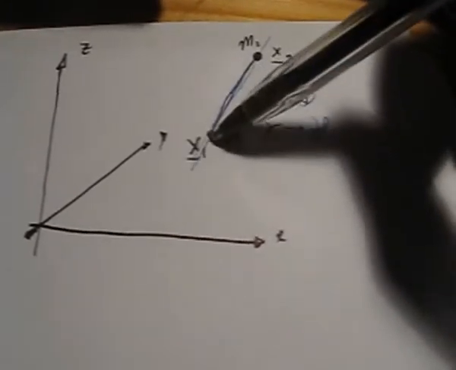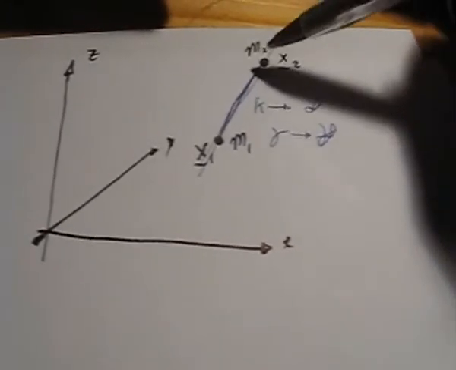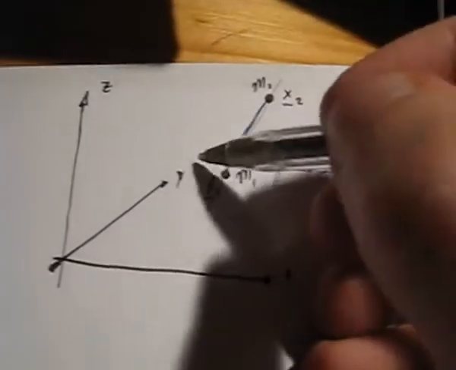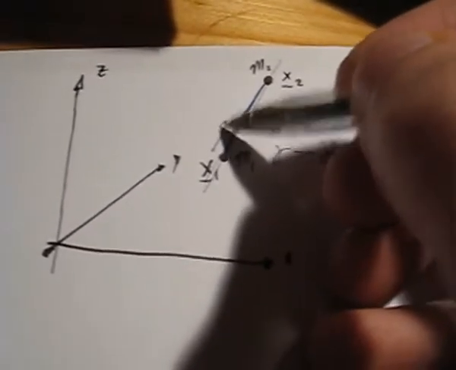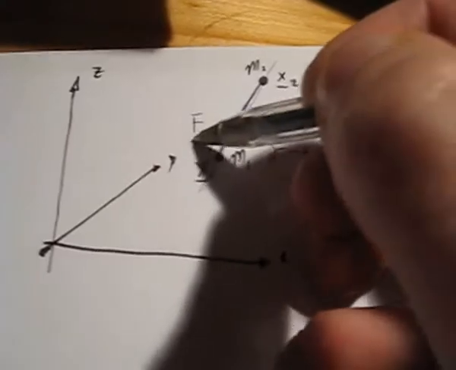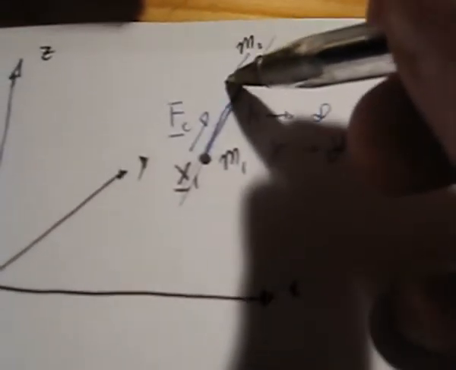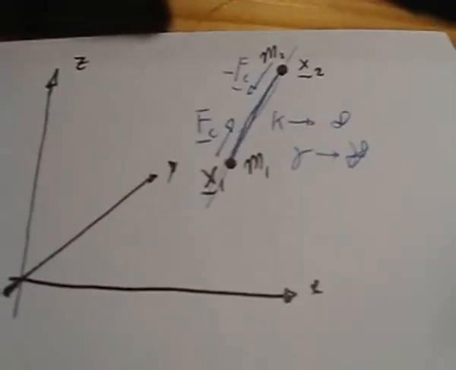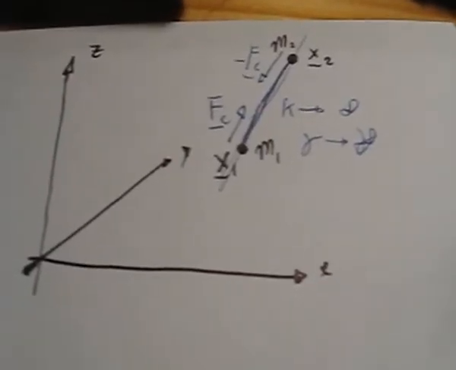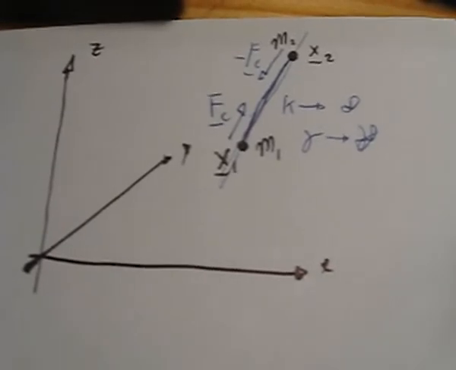Well, when we see this kind of situation, there is something we call a constraint force, also called reactive force. It's obviously an internal force, thus obeying Newton's third law.